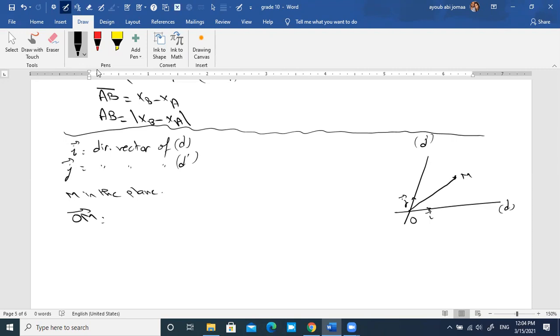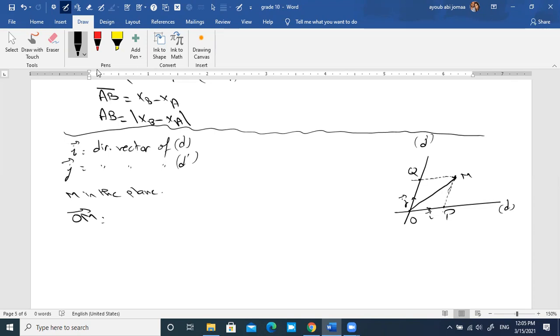This vector OM can be decomposed into two vectors, let's say this point P, and this point Q, in which, of course, MP is parallel to line D prime and MQ is parallel to D.